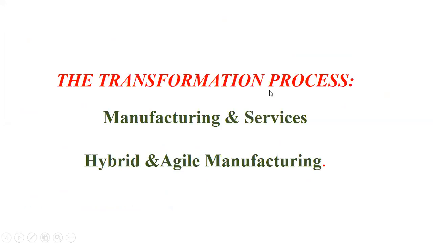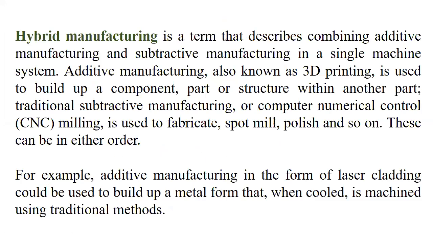So today's topic is the transformation process, manufacturing and services, hybrid and agile manufacturing. Hybrid manufacturing is a term that describes combining additive manufacturing and subtractive manufacturing in a single machine system.